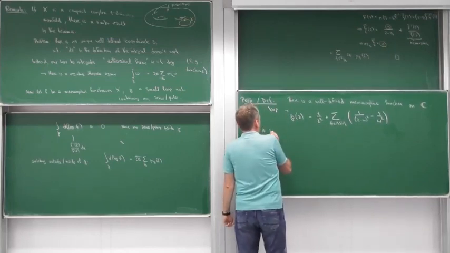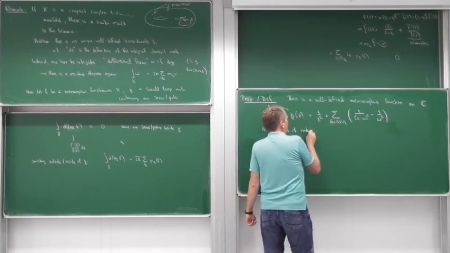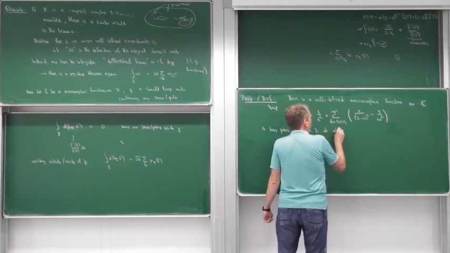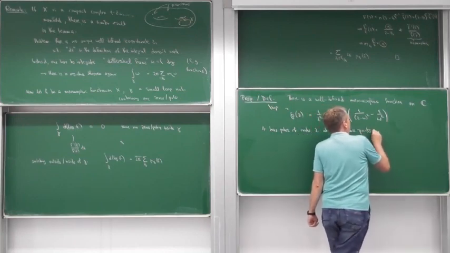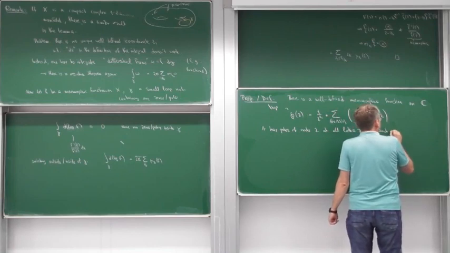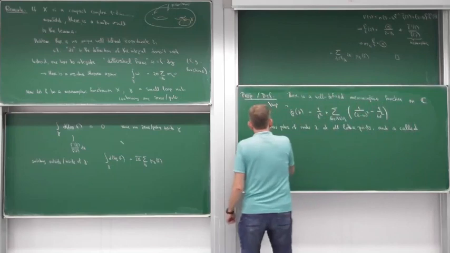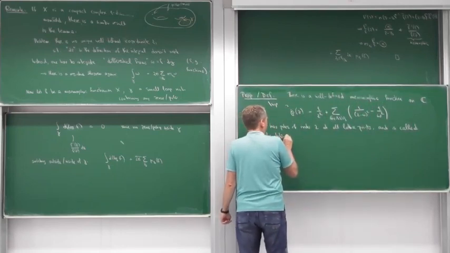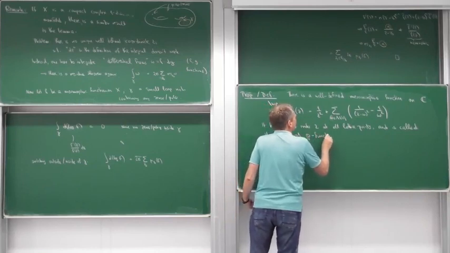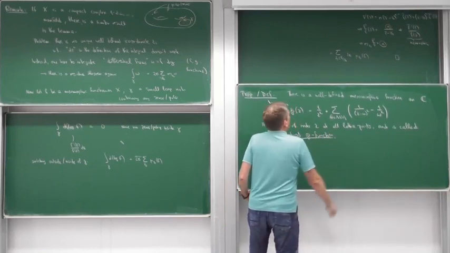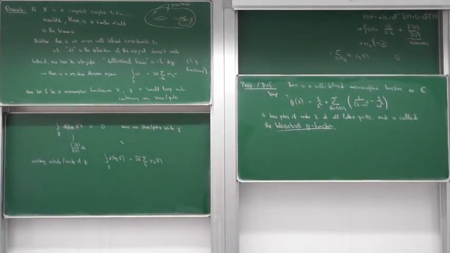So it has poles of order 2 at all lattice points, and it's called the Weierstrass P function. So the name is just the letter with a special P.